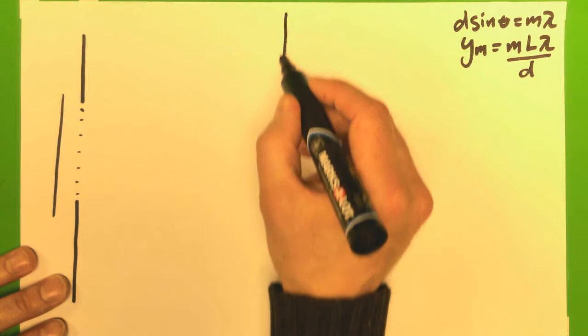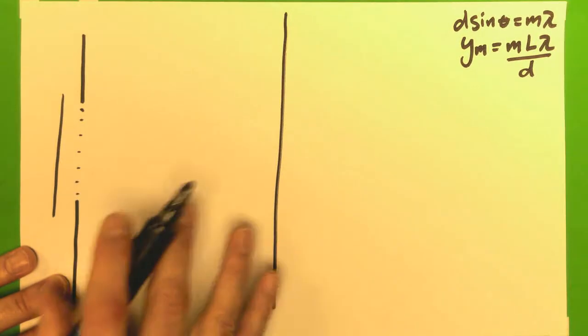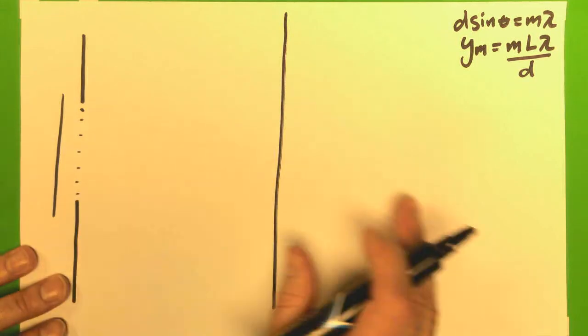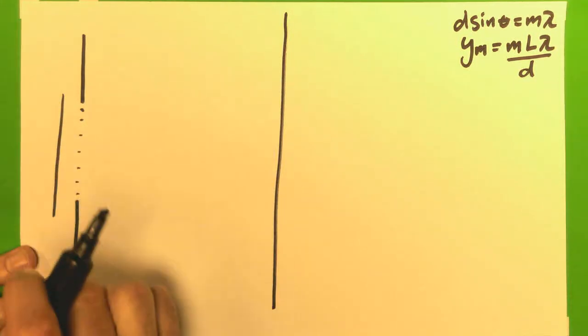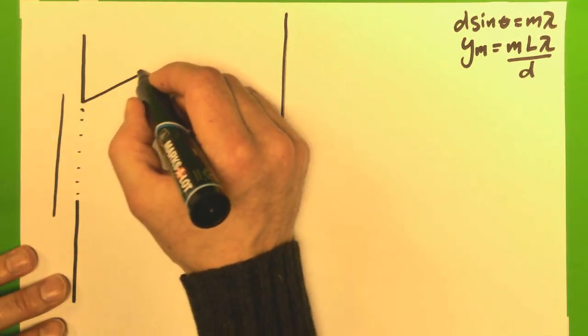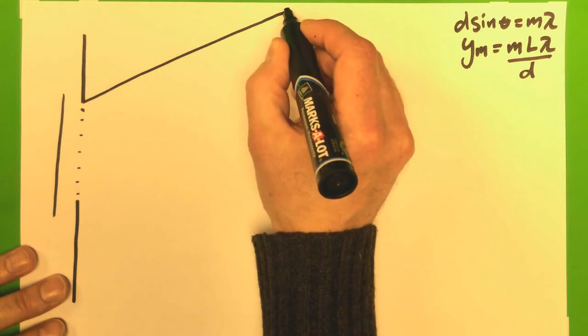So I'll draw that distant. Obviously, we have to pretend that this is really small and this is really big compared to our gap here, our slit width. But let's go and pick a spot.